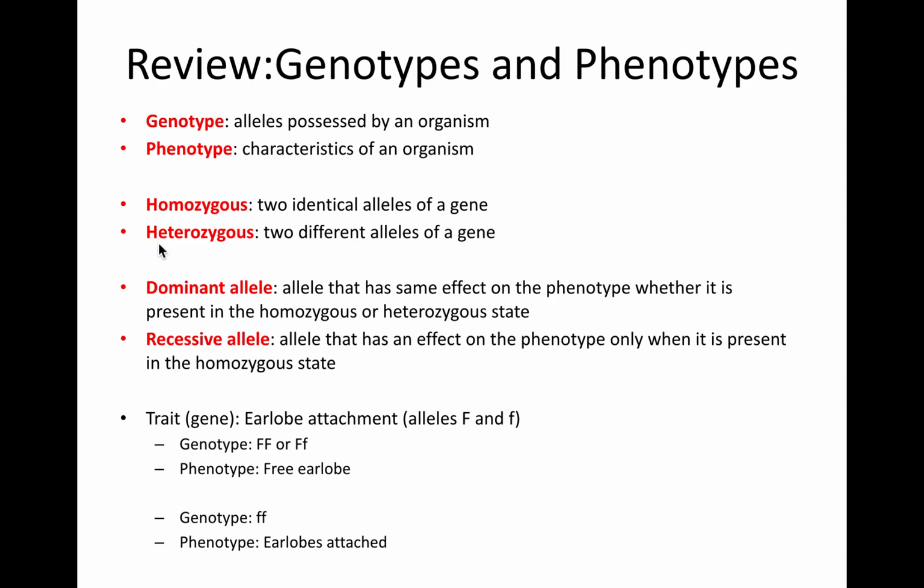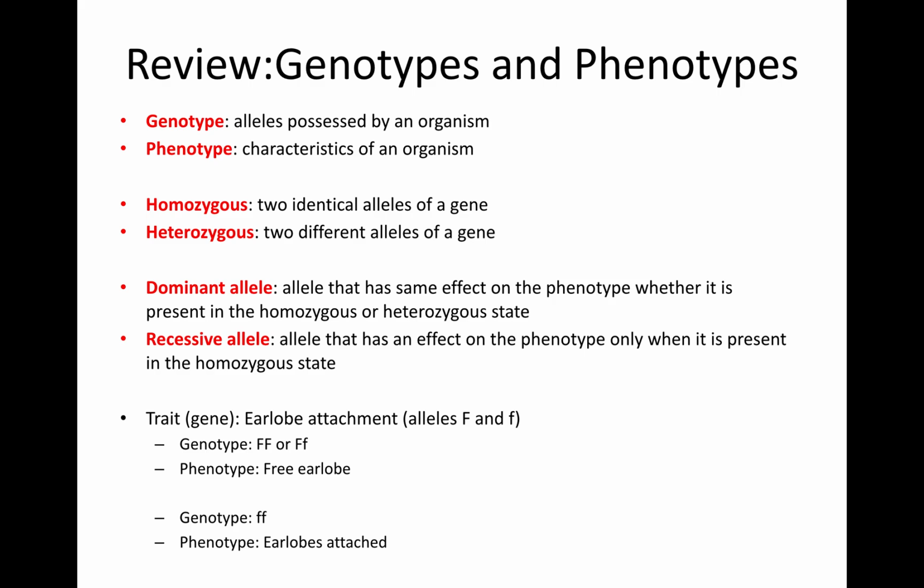Homozygous versus heterozygous. So this is the way that we talk about what the allele combination of a gene is. So whenever someone says someone is homozygous dominant or homozygous recessive, that means that they have both the same letter or the same allele, we would say. So two identical alleles for a gene. So if it's homozygous recessive, then they have two of the recessive alleles.